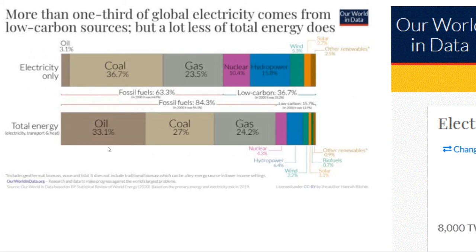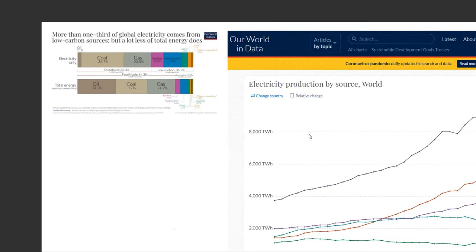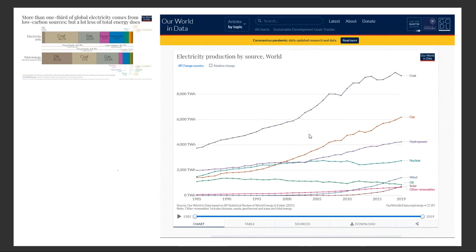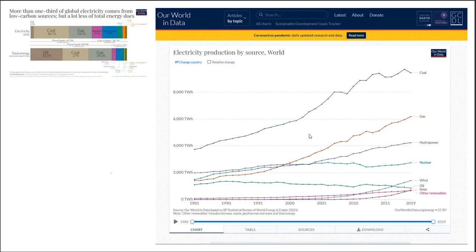The oil and gas that we burn to ship things and to heat things is great. And our renewables show up, well, hydro and onward, as a much smaller share of the pie. So if you just focus on electricity, you might lose the full perspective.